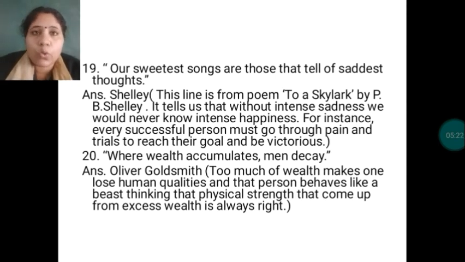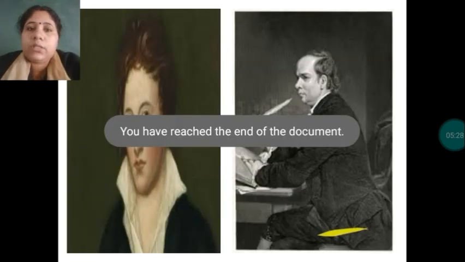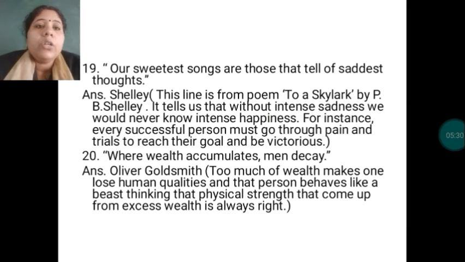Next, where wealth accumulates, man decays. Accumulates means stores. Oliver Goldsmith. Now, too much wealth makes one lose human qualities, and that person behaves like a beast, thinking that the physical strength that comes from excess wealth is always right. Understood?